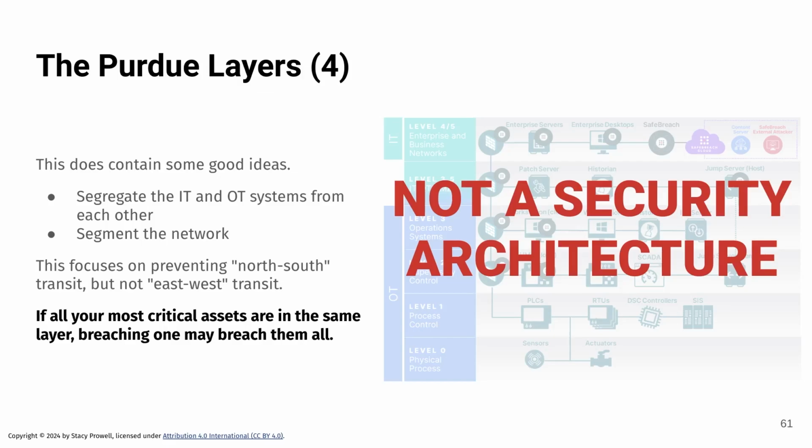Once I have breached a level, I am free to just spread across the entire level, right? If I can make it to the bottom, then I own the whole system. And that's really not what you want, right? You don't want all your most critical assets to be in the same layer here, because then there's no additional protections.